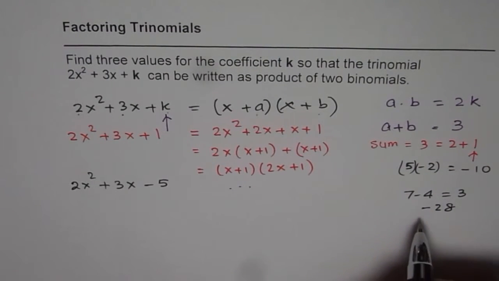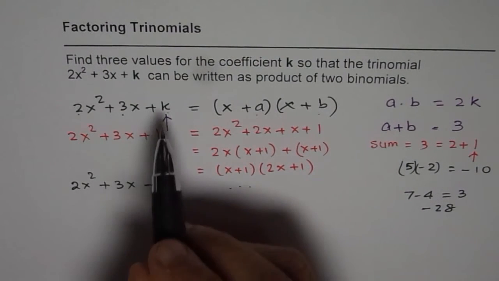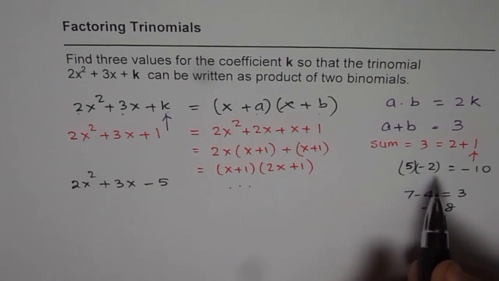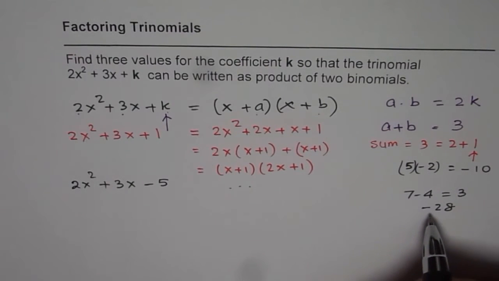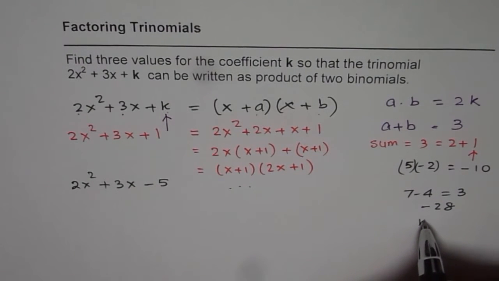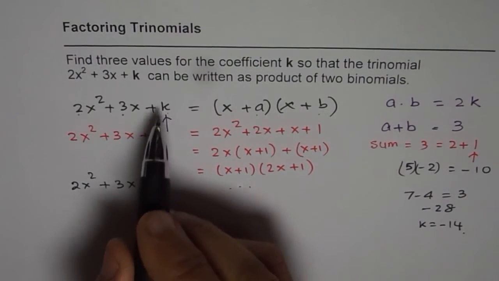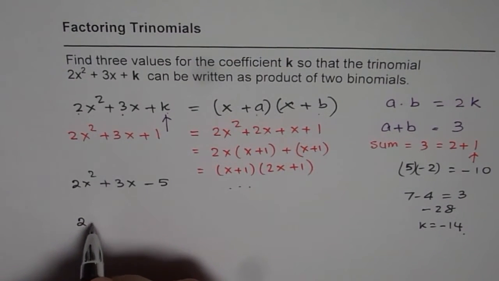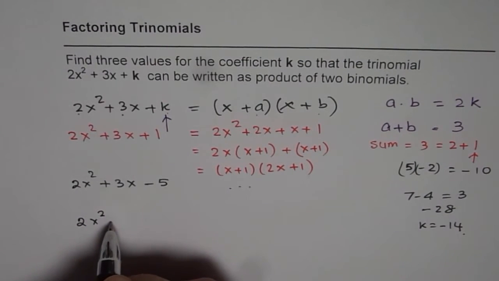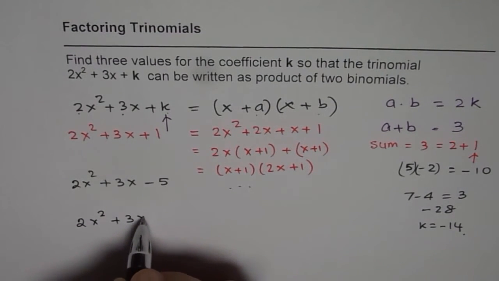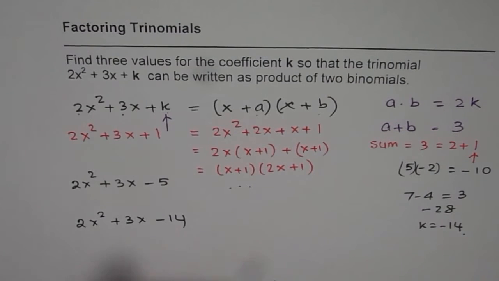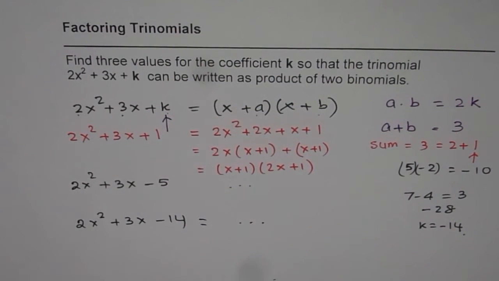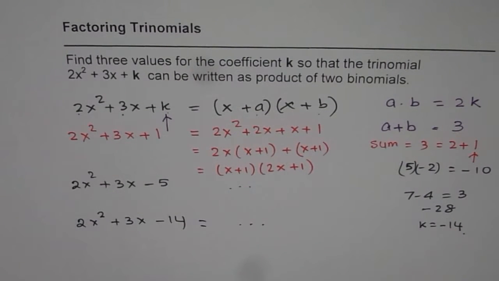To get a product of minus 28, k should be minus 14. Therefore, we can use k as minus 14. So we'll write another expression here, which is 2x squared plus 3x minus 14. That also you can factor and check for yourself.